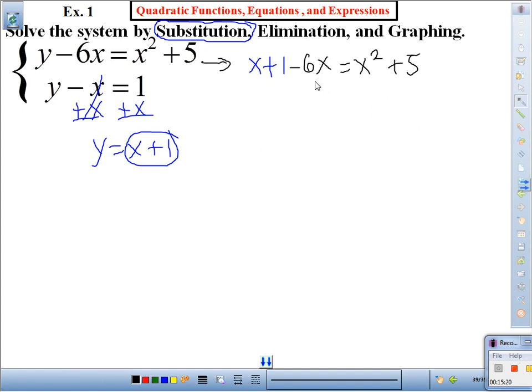A quadratic equation has to be in standard form, but it has to be equal to 0. Remember the y, we turn it into 0. One side has to be 0.